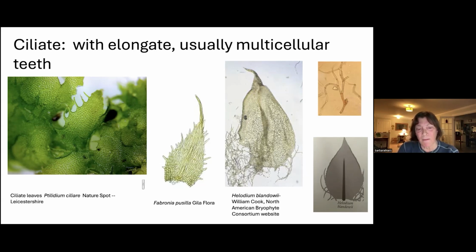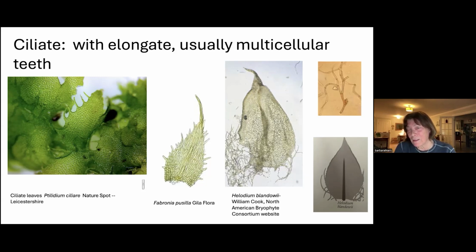In mosses, we have Fabronia, which has ciliate margins in several species. And then you've got an interesting case in Helodium blandowii, which has cilia, but they're in some cases branched, and they're at the base of the leaf. Those are often referred to as paraphyllia rather than cilia.